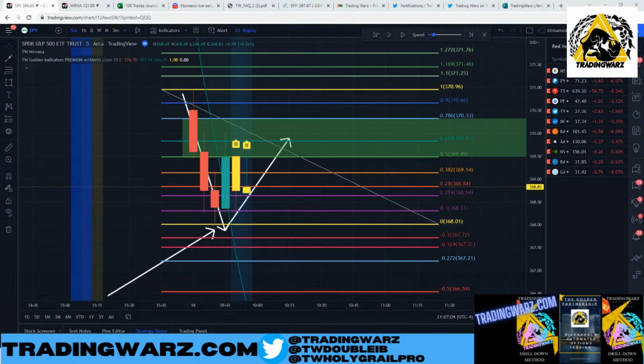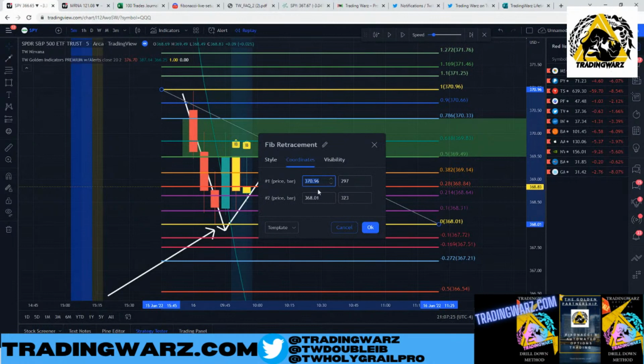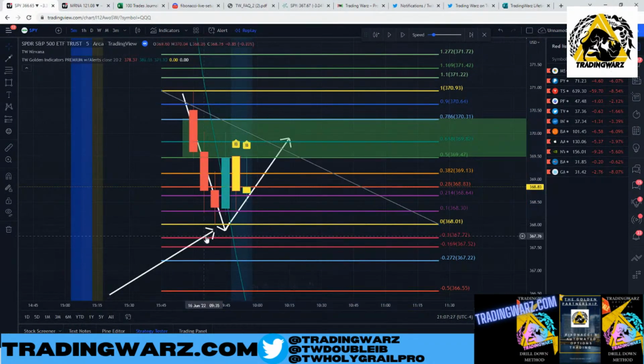So if we look at this, guys, look how perfectly there's a rejection on the 50. Do you see that? This can only be done through algorithms. This doesn't happen by chance. This is precision. Okay, watch this. Let me put this to the exact levels. So here's our high, 370.93. Let me adjust it to the exact level here. And the low here is 368.01.